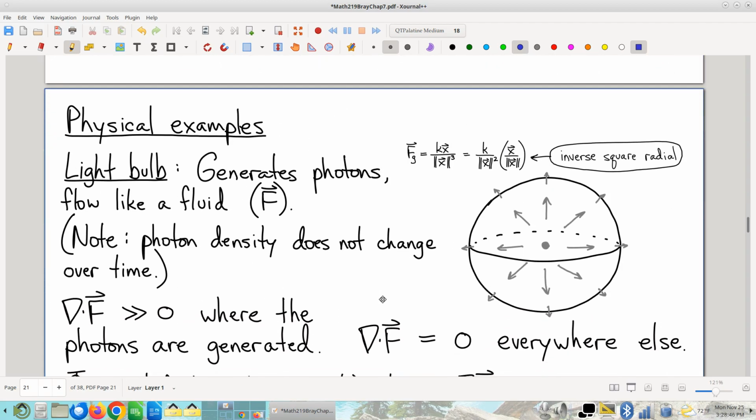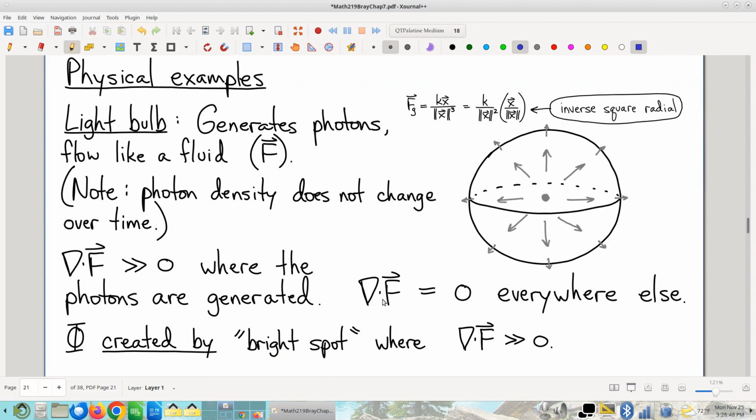Okay, let's see, 3 or 4 physics examples. I call these examples. They're kind of applications. And they're also what I like to call metaphors. Everybody knows that math can be used to solve physics problems. It's a valuable tool in solving physics problems, right?